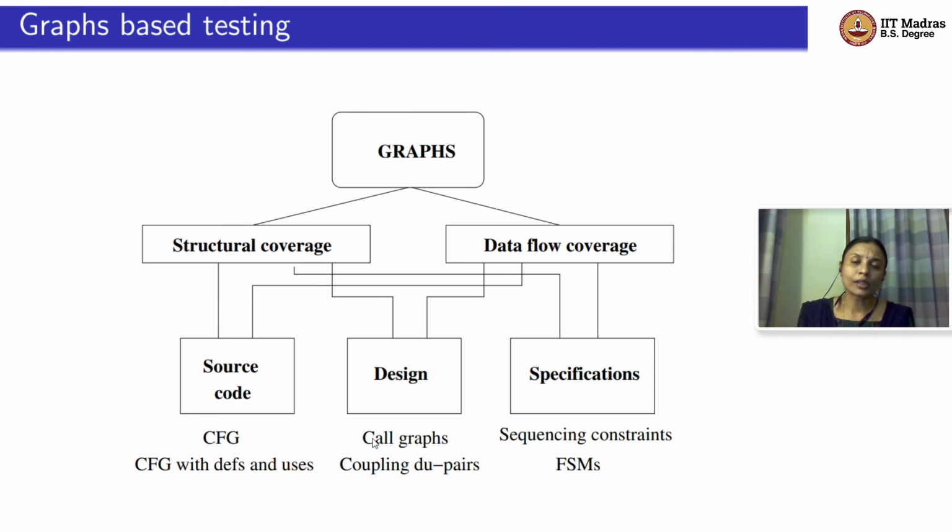And instead of considering all the definitions and uses of data, we considered coupling variables and the last definitions and first uses. We also saw that specifications can be modeled as graphs, particularly specifications like sequencing constraints, and behaviors of certain entities can be abstracted out and modeled as FSMs.